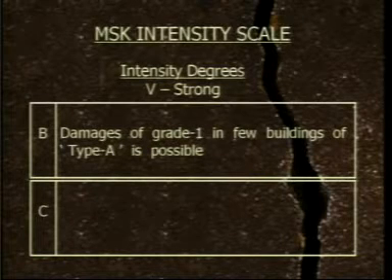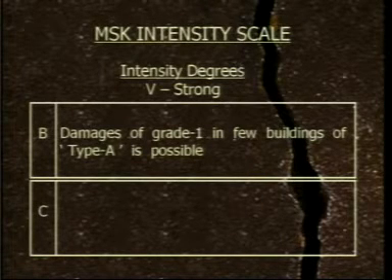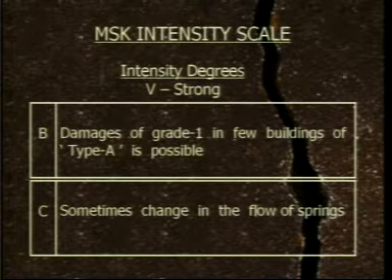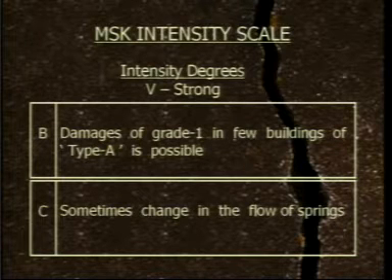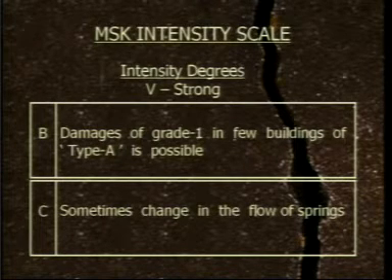The C part, in which the effect on nature is observed, consists here of sometimes a change in the flow of springs. Based on all these three, we assign intensity 5 to that location.